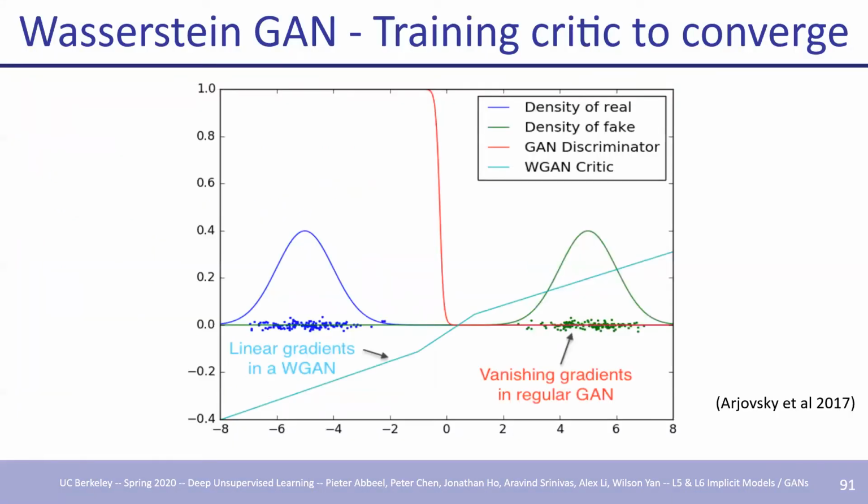Okay, and I think this was the main surprising thing. So we have the blue one, which is real data, and the green one, which is the fake data. So this is 1D data, and then the GAN discriminator basically goes like this.